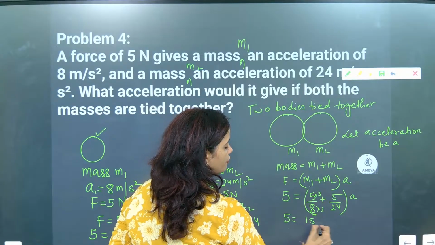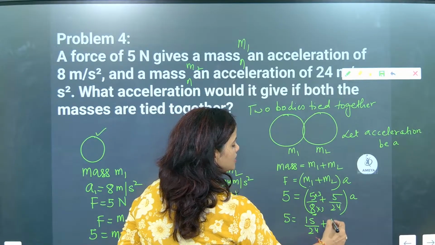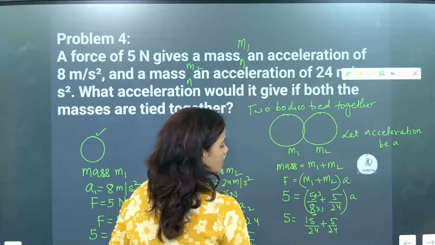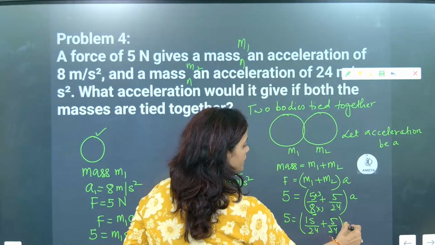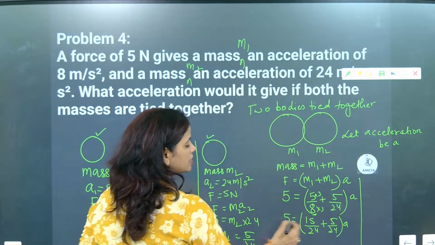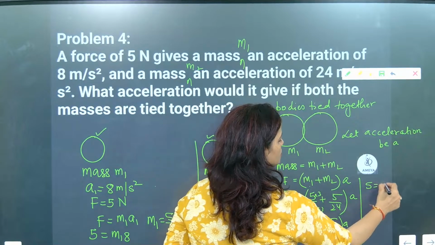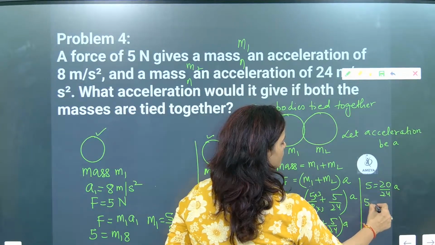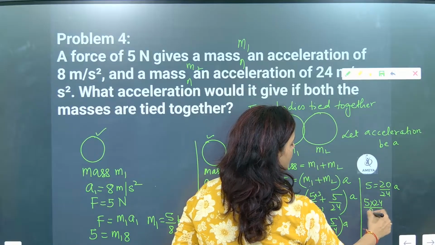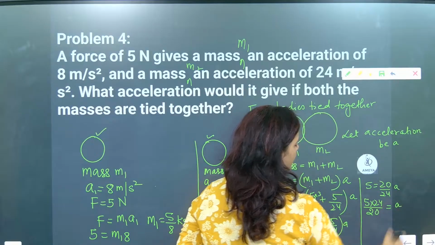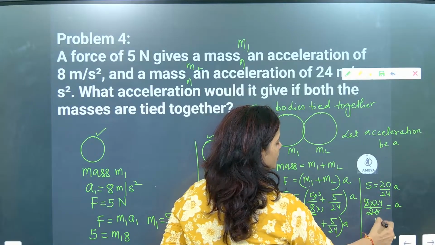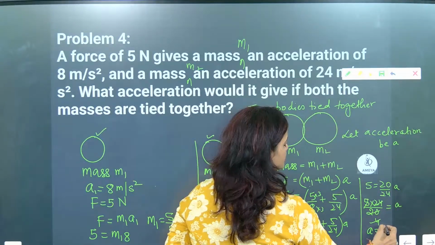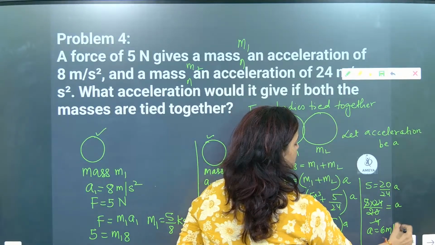It becomes 15 by 24 plus 5 by 24, into A. So our final conclusion: 5 is equal to 20 by 24 A. So 5 into 24 by 20 is equal to A. 5 fours are 20. Acceleration is coming 6 meter per second square.